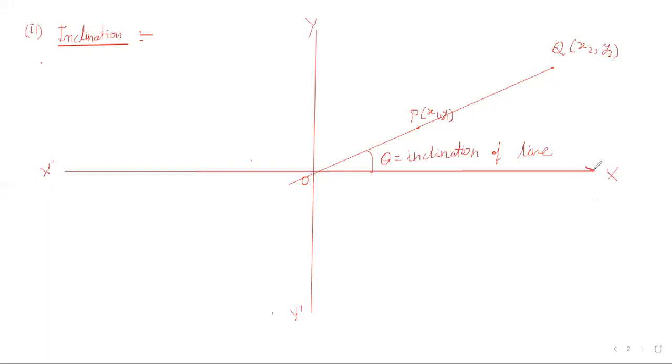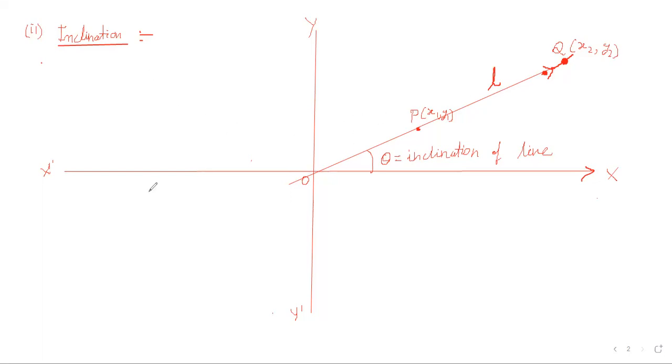We know that this is the positive direction of the x-axis, and this is the line, denoted by small l, on which the two points P x1, y1 and Q x2, y2 lie.